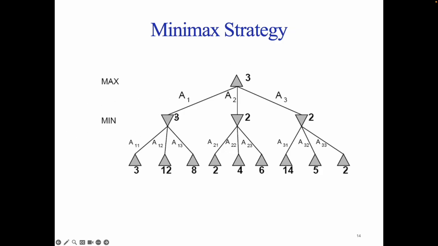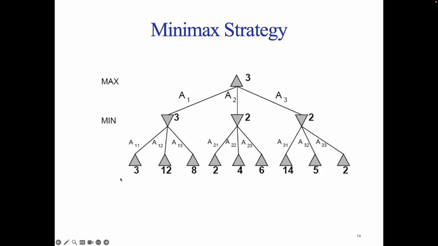So how does it work? Max always takes the maximum value of these, which are actually what was calculated before by min. You start from here, and this is like a depth first search, right? So you start here, which is your initial state or max move, and then you go into this branch, and then you go deeper until you reach the leaf node.